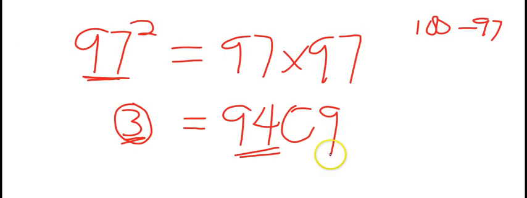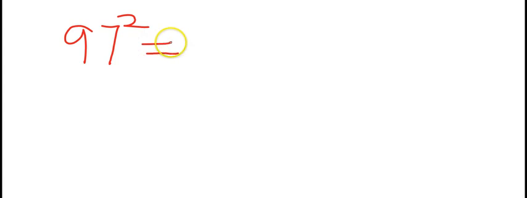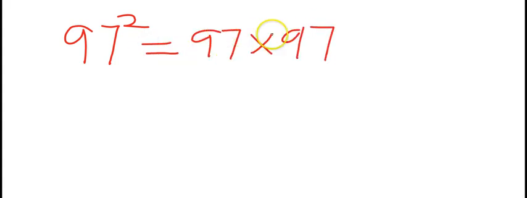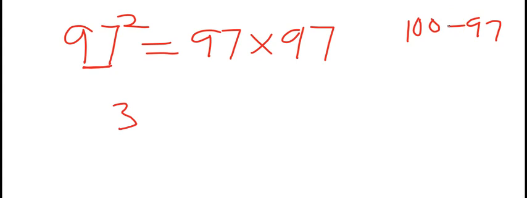Let's start with example 1. That's 97 squared. Remember that 97 squared means 97 times 97. Now, what we are supposed to do is subtract this particular number from 100. So we are doing 100 minus 97, and the answer is 3. And 3 is very important to us.